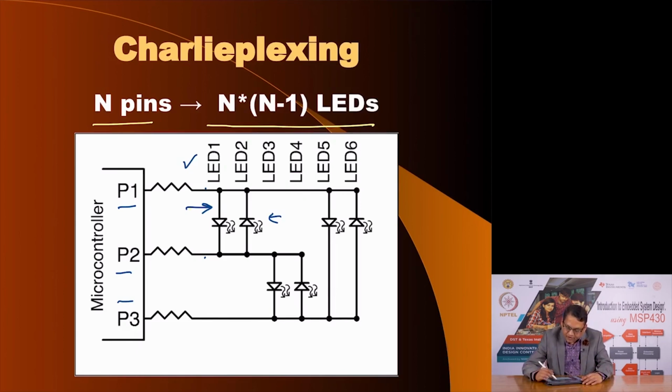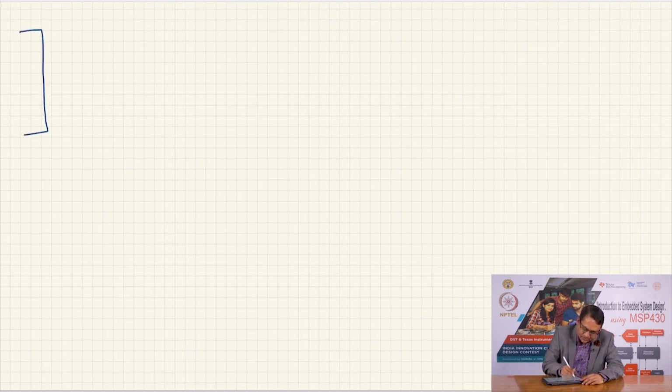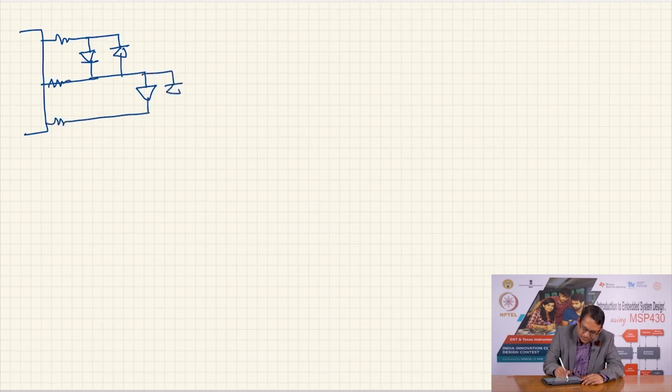I am going to redraw it and discuss it here. So, we have my microcontroller, here is my resistor, so this is all the 6 LEDs.